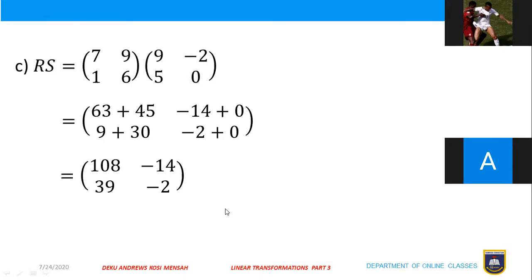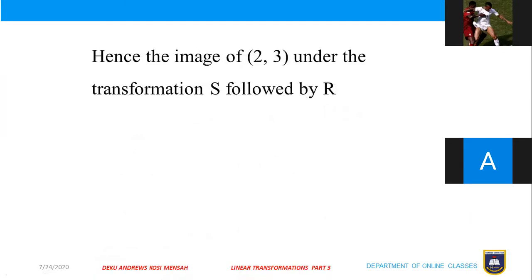We can now find the image. Hence, the image of 2, 3 under the transformation S followed by R will be equal to the transformation matrix multiplied by the given point, which is 2, 3.